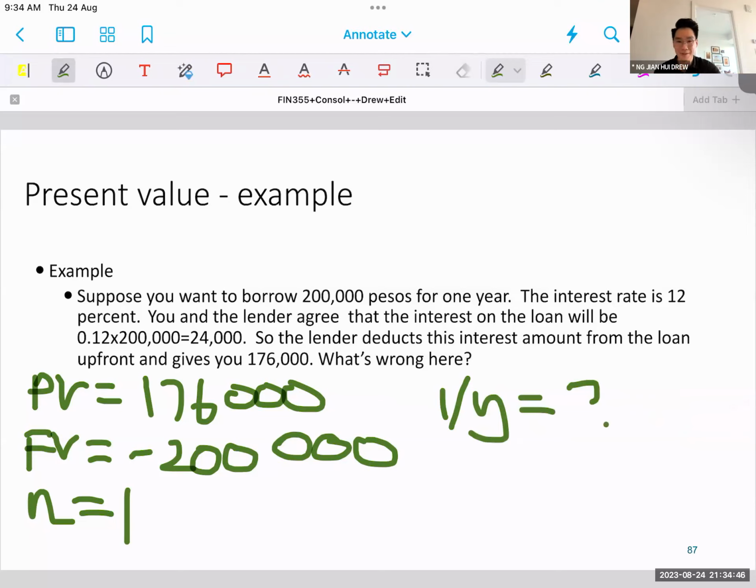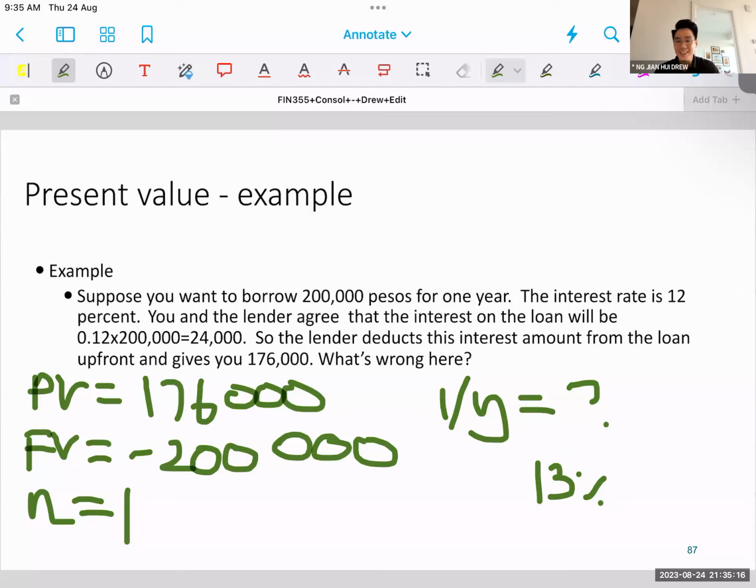That's correct. So you're actually paying higher interest. I think the answer is around 13% if you calculate it in Excel. So instead of paying 12%, you actually pay 13%. So this is wrong.